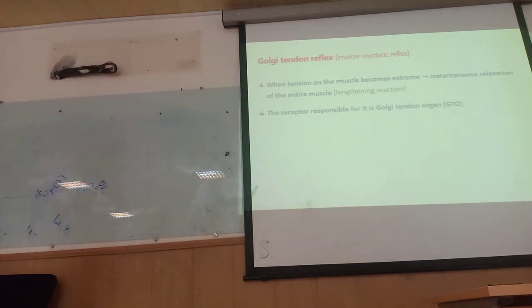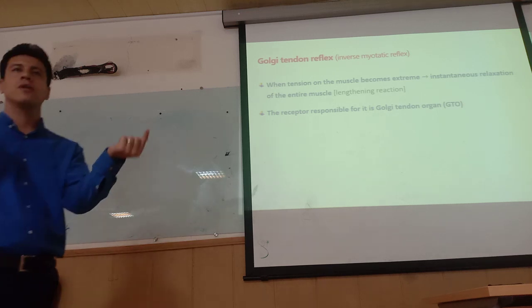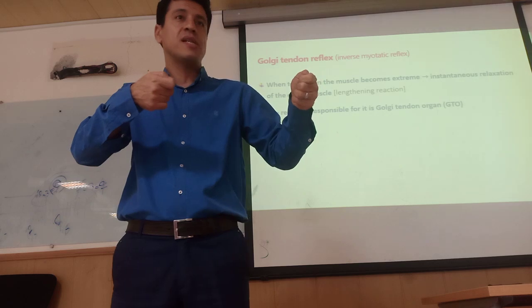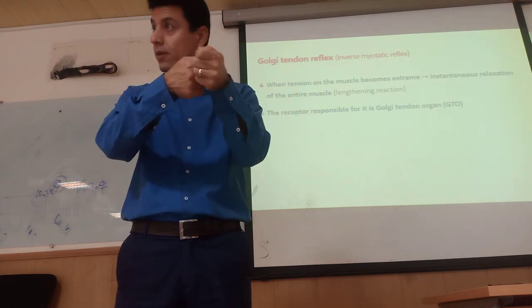Another reflex. Golgi tendon reflex. It says severe contraction of a muscle causes relaxation. It's totally opposite to the stretch reflex. In the stretch reflex, you stretch, the muscle contracts.